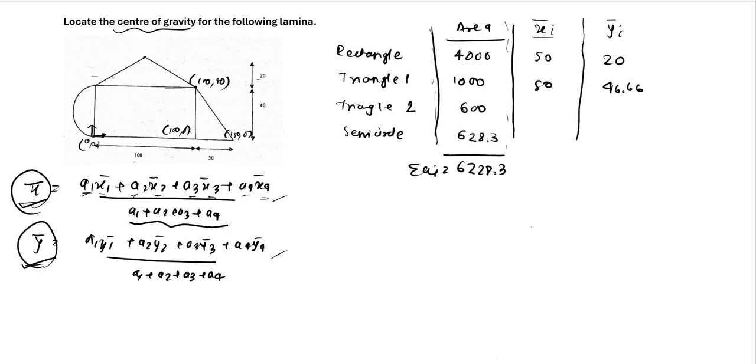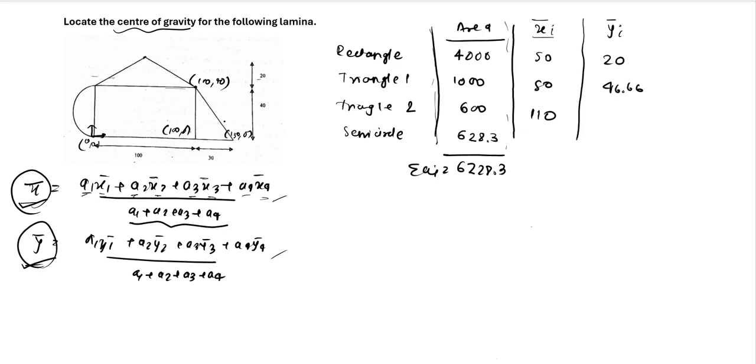So 100 plus 100 is 200 plus 130 divided by 3 comes out to be 110. So triangle 2 xi should be 110. Again, you can also calculate 100 plus 30 by 3, which is again 110. This is how we calculate the x of triangle 2.